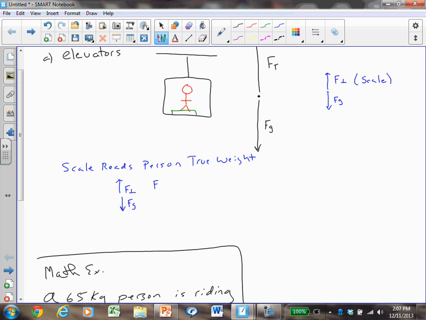It's in equilibrium. So in that situation, it must be either at rest or moving at constant velocity. Zero acceleration. It could be just sitting there, or it could have accelerated up to a certain speed and now it's just keeping that speed. But at that point, the scale is going to read the true weight.